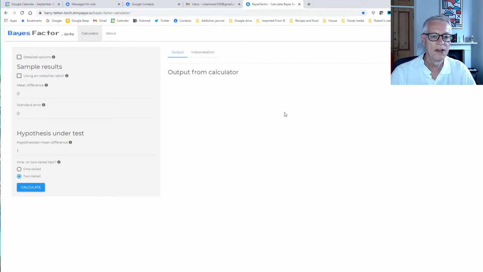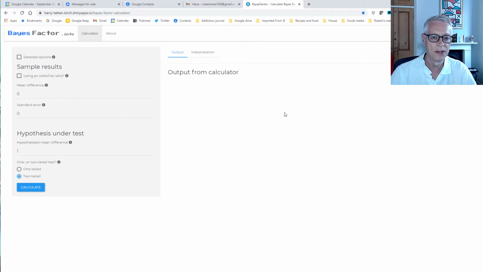Now, what you very often find is that when people get a non-statistically significant difference between the experimental group and the control, or a non-statistically significant relationship, then they, despite what they're told, even as undergraduates in the first year of doing any statistics course, often conclude that this means that there's no difference.